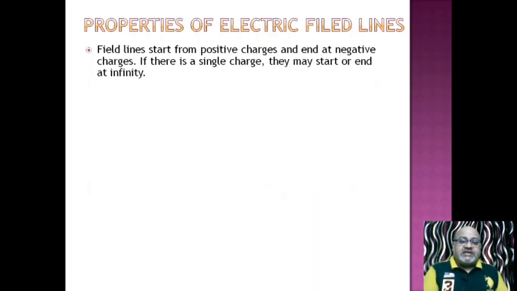So what we have seen: electric field lines start from positive and end at negative. In the case of a single positive charge, they start from the charge and end at infinity. In the case of a negative charge, they start from infinity and end at the charge. But in a combination of charges, they start from positive and terminate at negative.